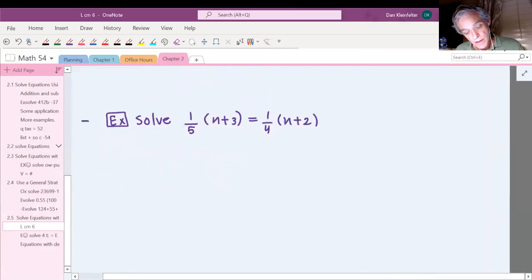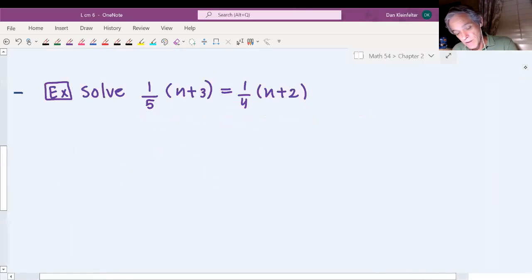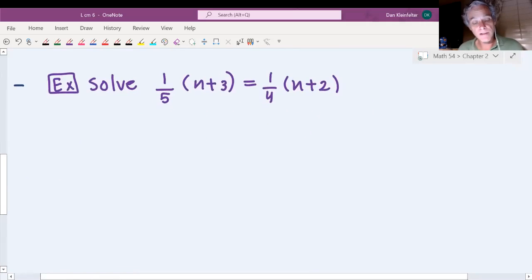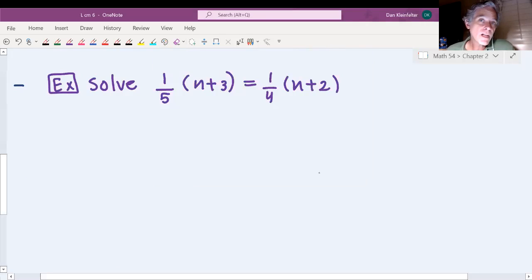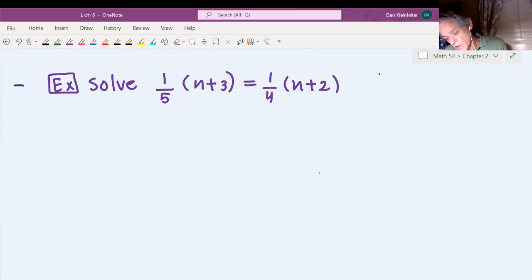Okay, let's try this next one. We have 1/5 times n plus 3. And then that's equal to 1/4 of n plus 2. So for this one, the 2 fractions that we have are fifths and fourths. So the LCM there is going to be 20. We're going to multiply both sides by 20.